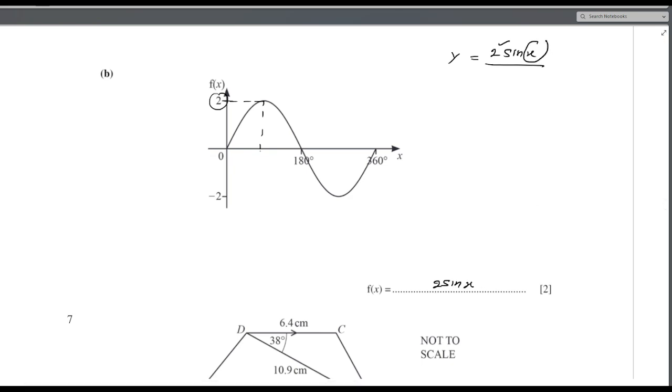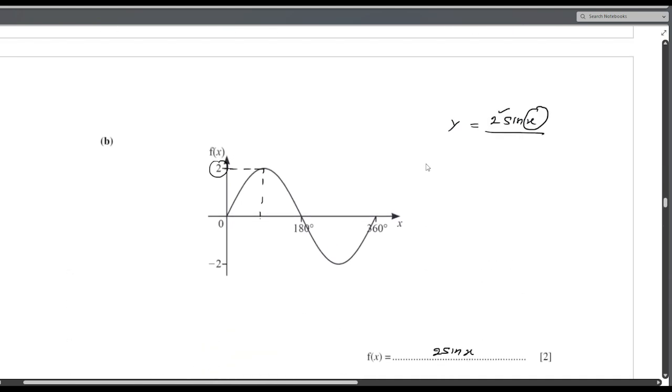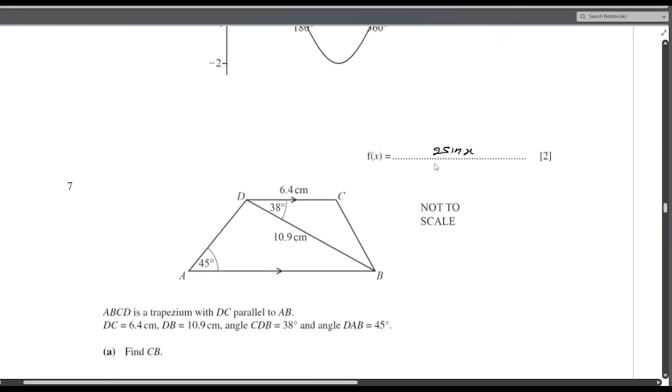Now this x can also be something different. It depends upon these x values, as this cycle is up to 360 degrees. In 360 degrees it is completing one complete cycle, and we know that for sin x the cycle is of 360 degrees only, so this x part is not changing. Otherwise sometimes this x is also different. I may discuss this when we are discussing the concept of graphs of trigonometric ratios. And now let us see question number 7.